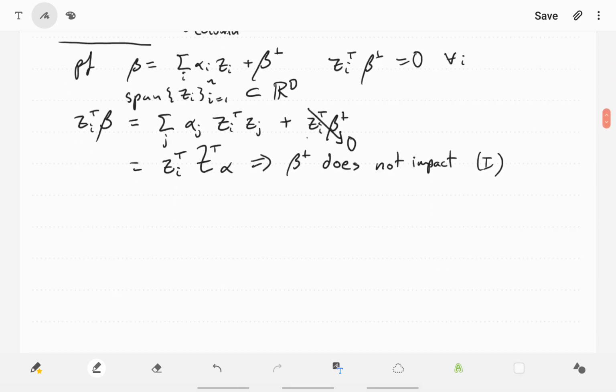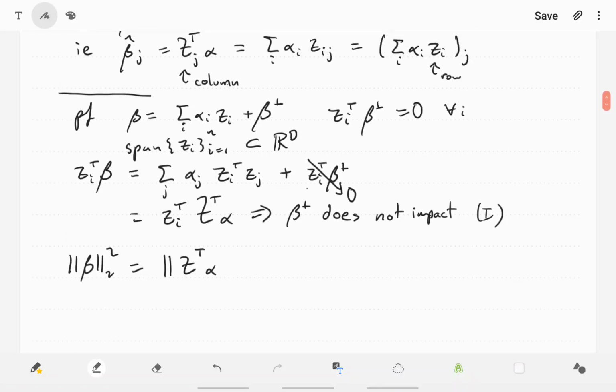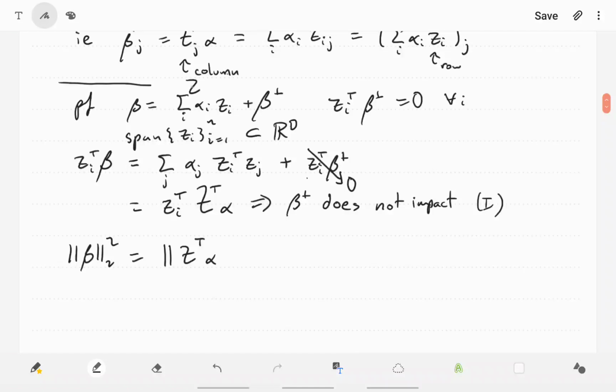Let's look at that. So we have the beta 2 norm squared. We can write this out as Z transpose alpha, that's just another expression for beta. This term here is also capital Z transpose alpha.